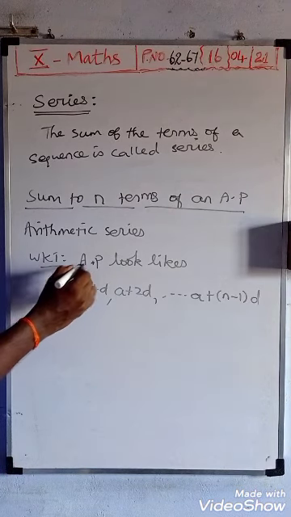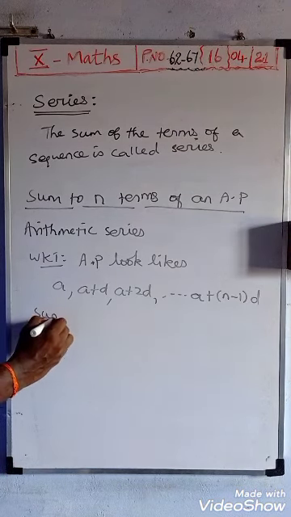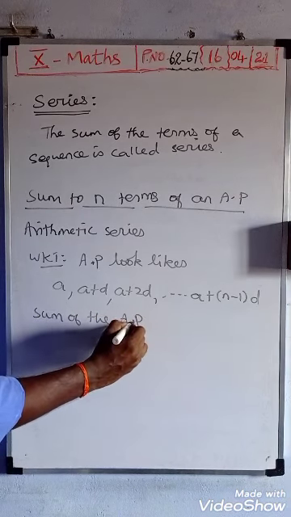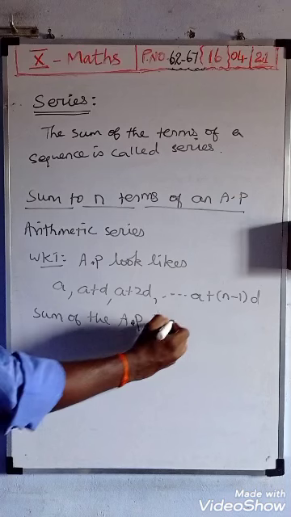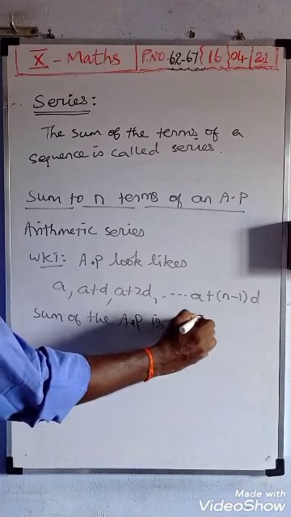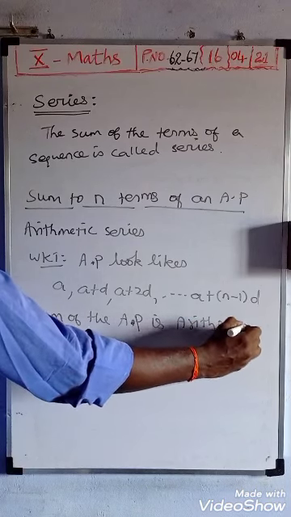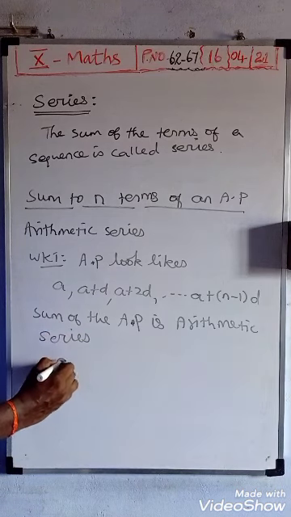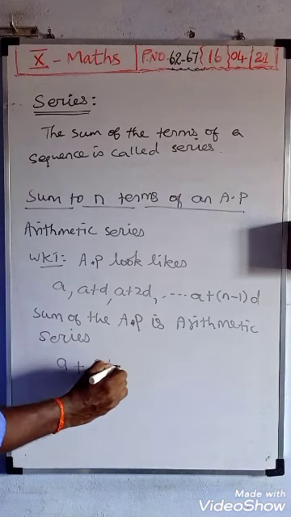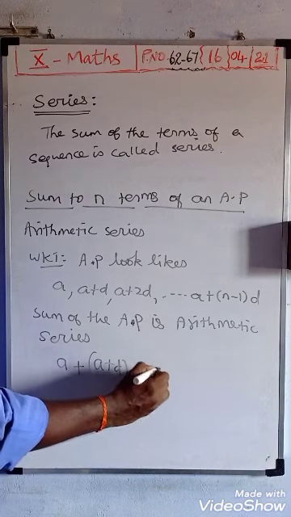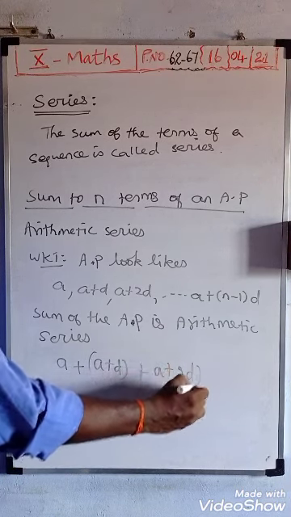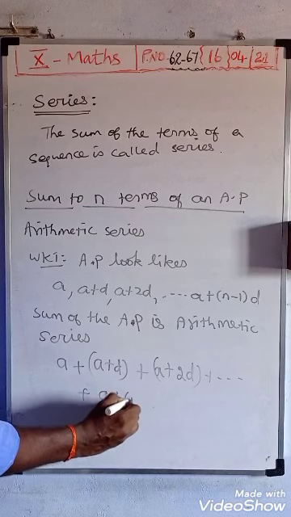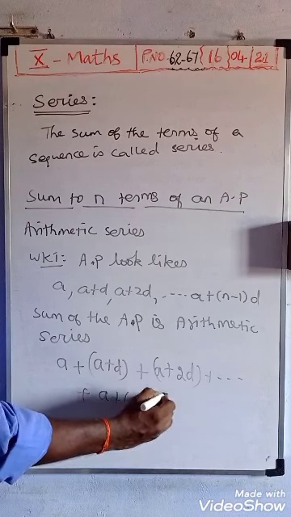The sum of the arithmetic progression is called an arithmetic series. You add a, a plus d, up to the nth term, a plus n minus 1 into d.